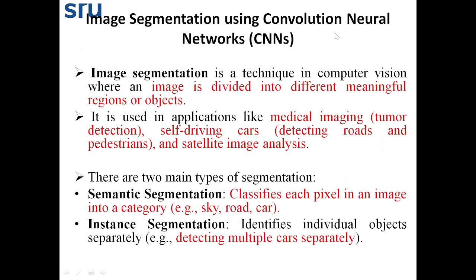Image segmentation using convolutional neural network. Image segmentation is a technique in computer vision where an image is divided into different meaningful regions or objects. It means we have to divide the image into different meaningful regions or objects.